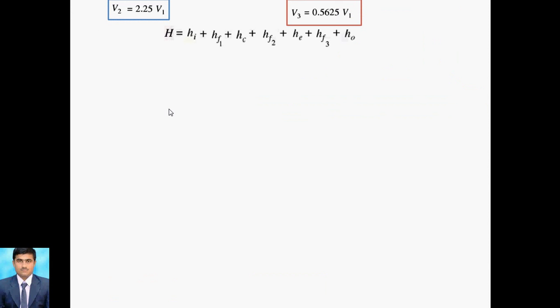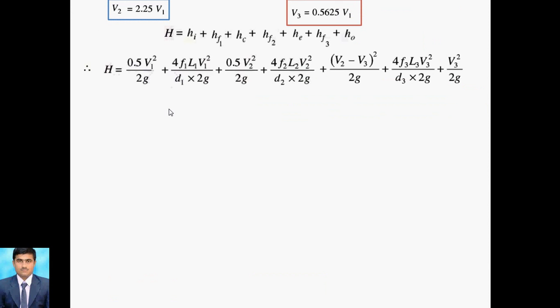Then, for the losses, all types of losses are considered with these equations. HI = 0.5 V1 square by 2G. We already discussed the minor losses. HF1 is a major loss, 4F L V square by 2G D, so it is 4 F1 L1 V1 square divided by 2G D1, plus HC = 0.5 V2 square by 2G, plus 4 F2 L2 V2 square divided by 2G D2, since the second diameter is there.